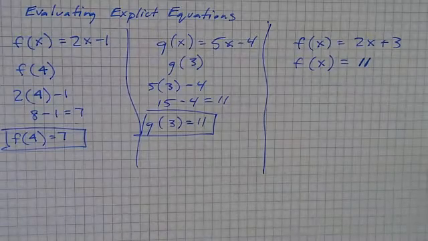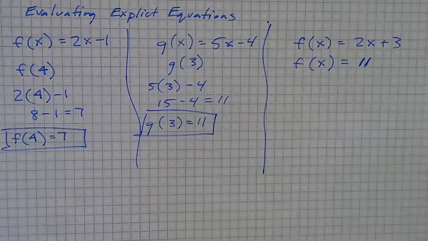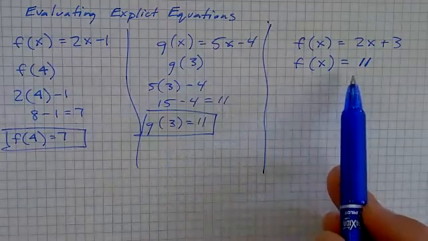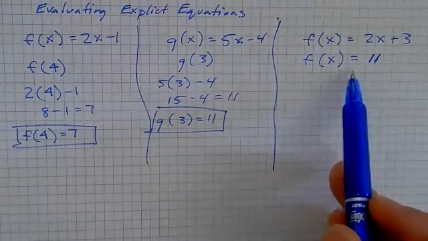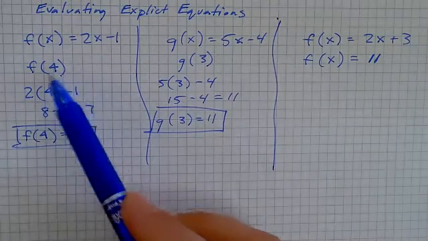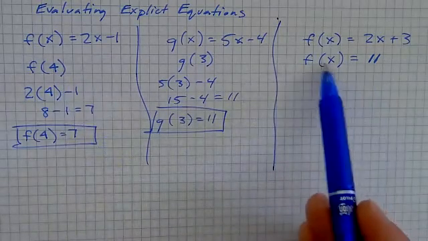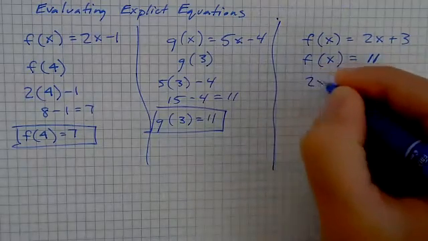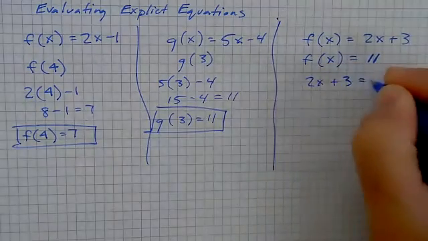All right. It's also important that you are able to recognize the difference between when they're giving you the input versus when they're giving you the output. Okay, so the input, remember, is always inside the parentheses. Here, we're trying to solve for the input. So they're giving you the output, which means 2x plus 3 equals 11.